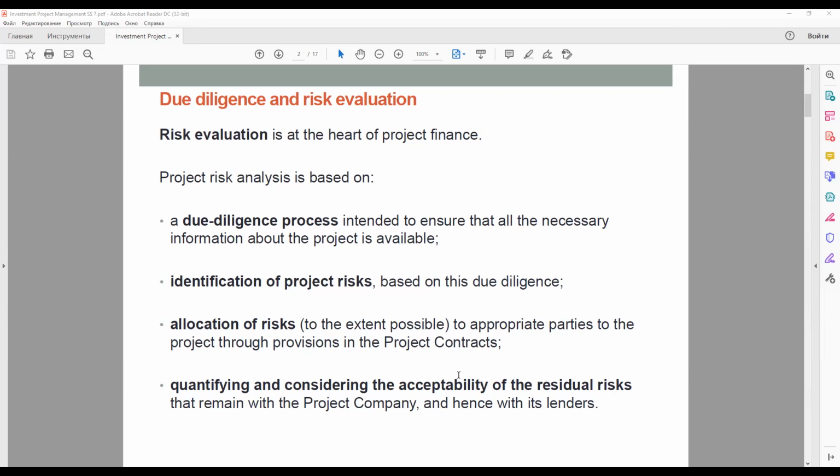And you identify that within this project exist some legal risks connected with the unsettled questions about the property rights for the land plot.